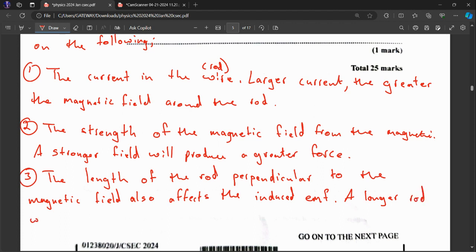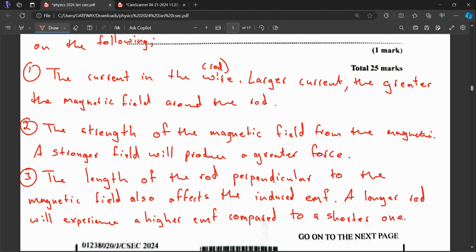So a longer rod will experience a higher EMF compared to a shorter one, given the same velocity and magnetic field strength.